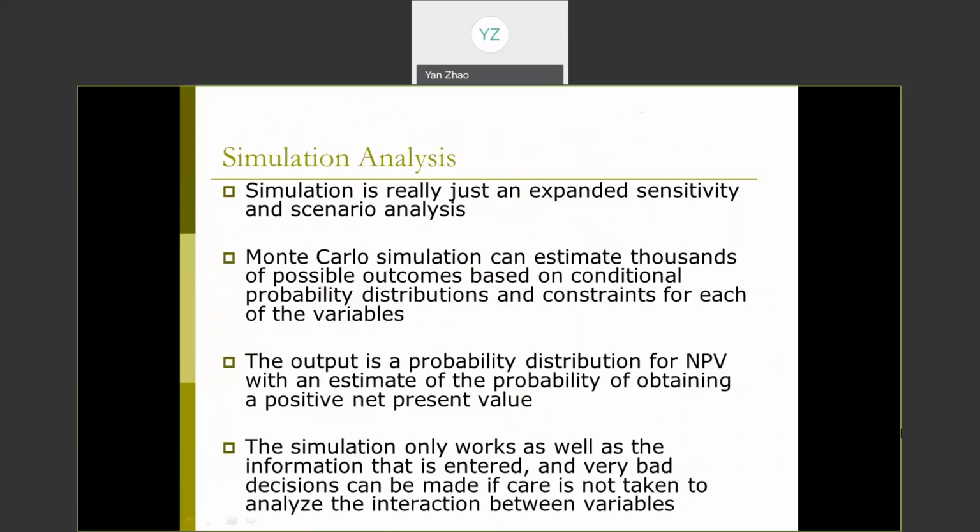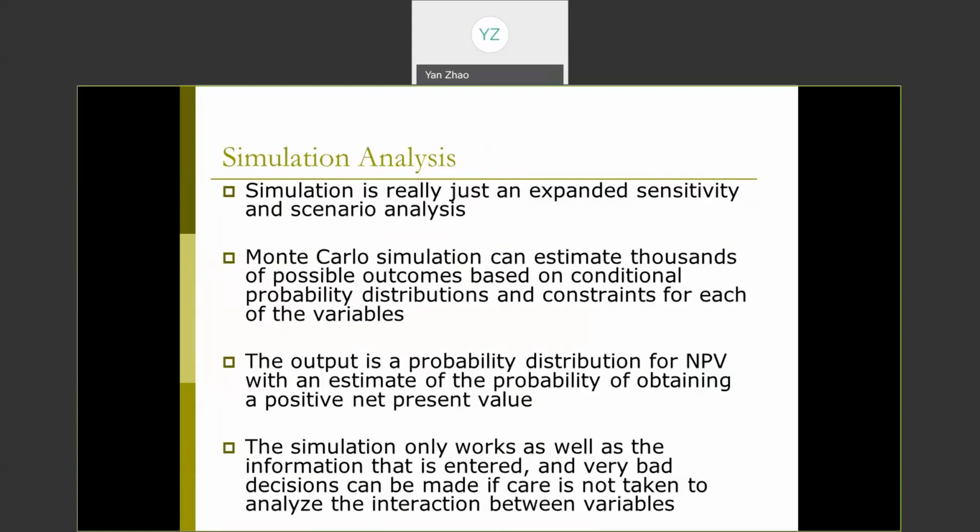Okay. So finally, the simulation analysis. For simulation analysis, people will use a computer to do the Monte Carlo simulation. In this course, I will not ask you to do that, but I just want to briefly show you how the computer will do the simulation.